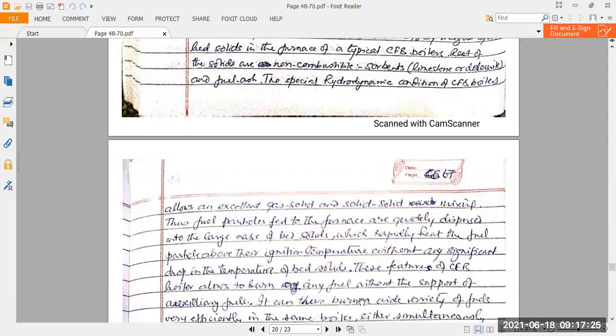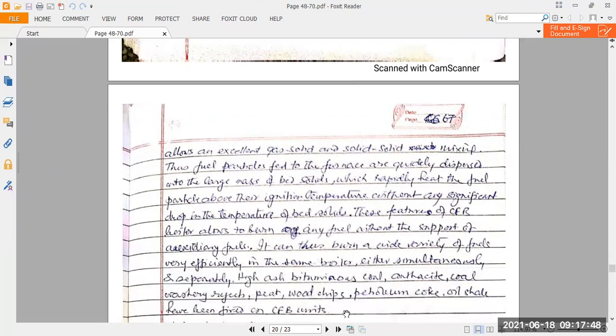So, without auxiliary fuels like sorbents and unburnt fuel ashes, the CFB boiler furnace still has a considerable amount of high temperature present, so that it can immediately ignite the fuel which comes inside. It can thus burn a wide variety of fuels very effectively in the same boiler.